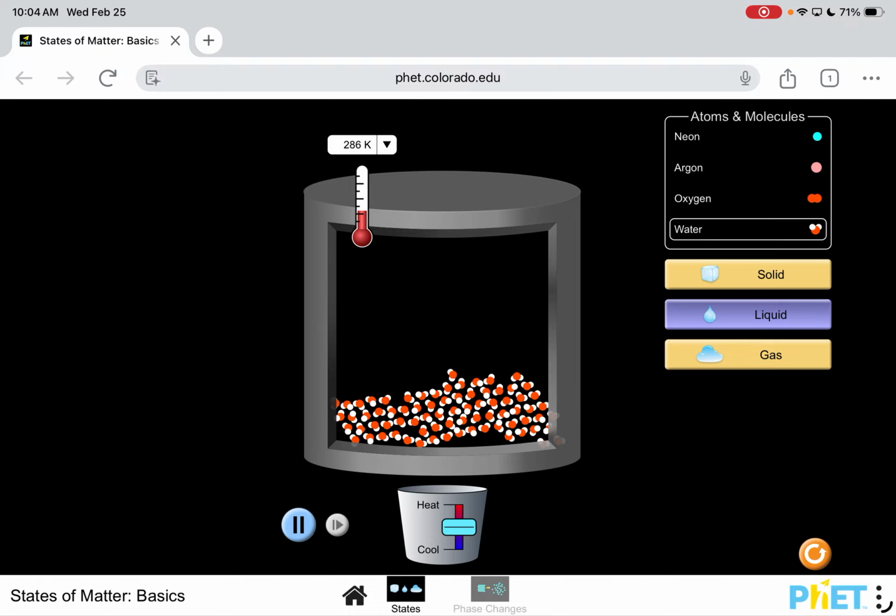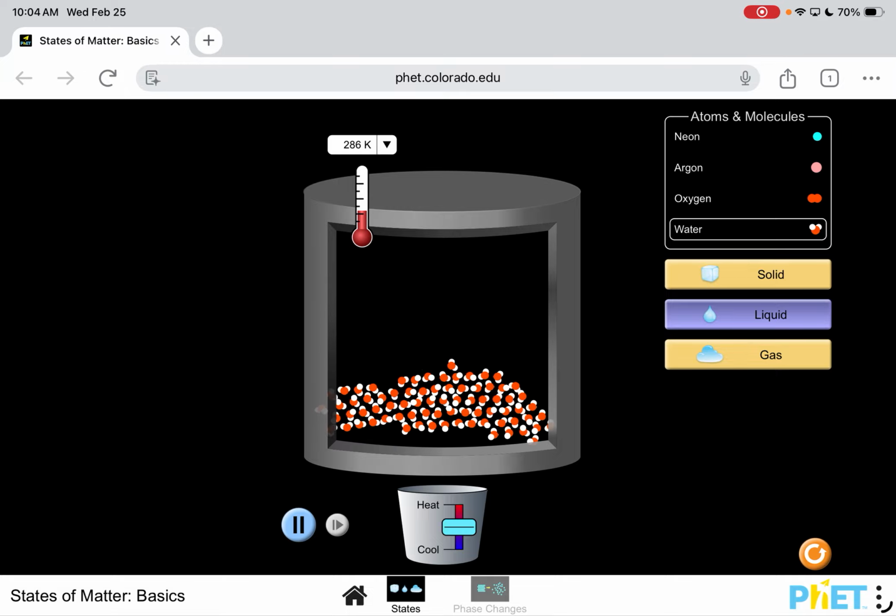That's why they fill the bottom of a container rather than stay in a rigid shape. But they don't have enough motion yet to actually escape from each other, okay? And we're going to talk about what forces are holding the molecules together, like why do they stay as a group.